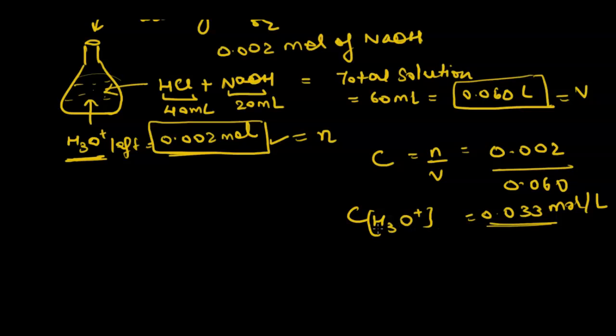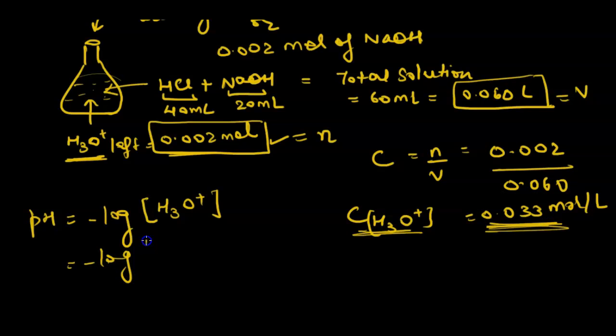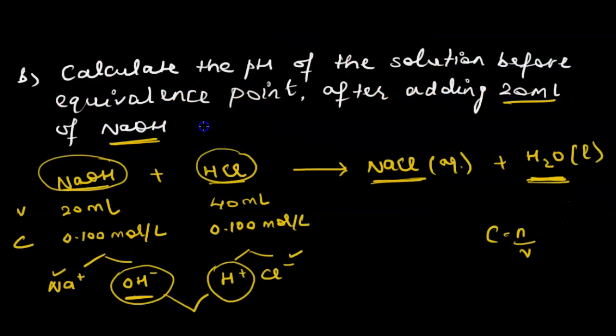We would use this concentration to find out the pH of this flask at this time when 20 ml of NaOH has already been added to the flask. So pH is now going to use the concentration of H3O positive that we have calculated here, and that is equal to negative logarithm of 0.033, which is equal to 1.48. Therefore, pH at this point that we have got is 1.48.